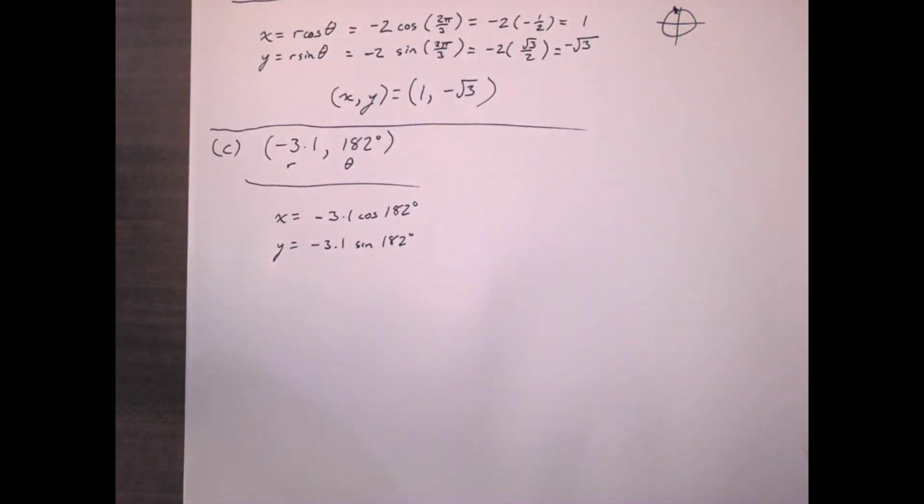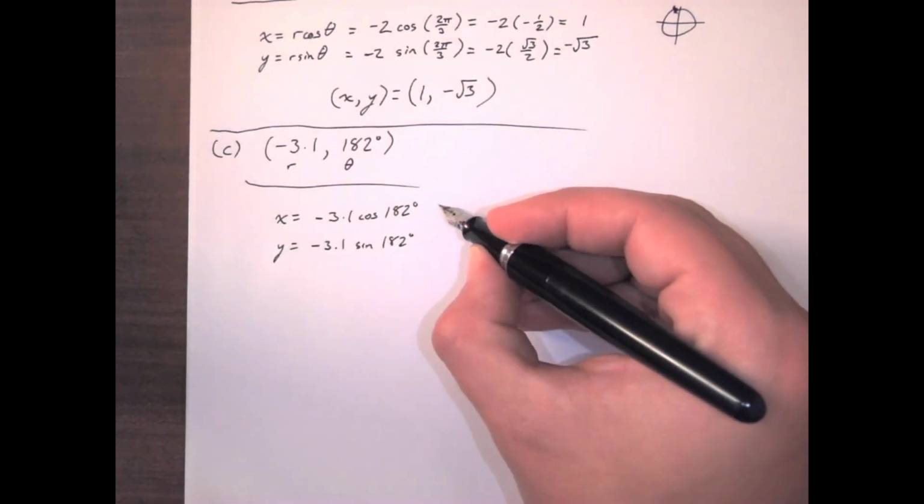And notice when it came to changing from these polar coordinates to rectangular coordinates, we didn't even bat an eye at the negative r. The formula is the formula. R can be positive, r can be negative. It doesn't really make any difference. We just do the same thing in either case. That's the beauty of a formula.